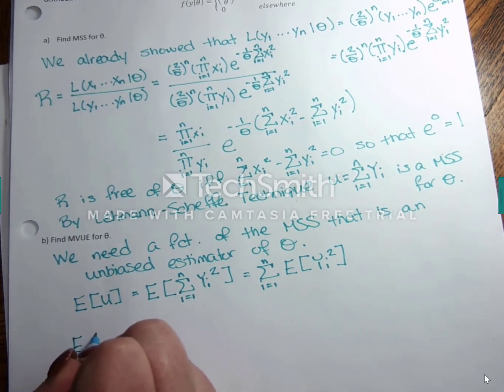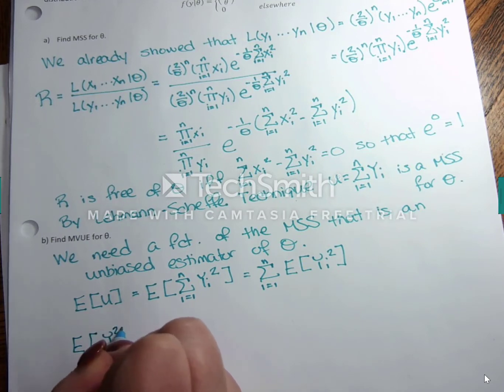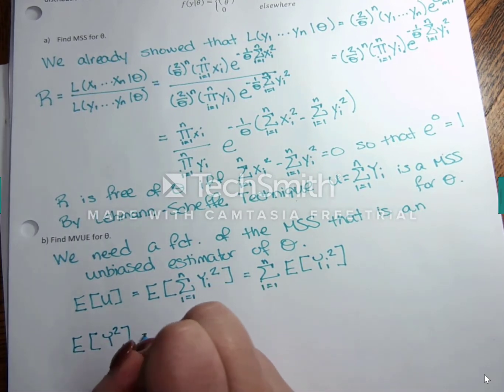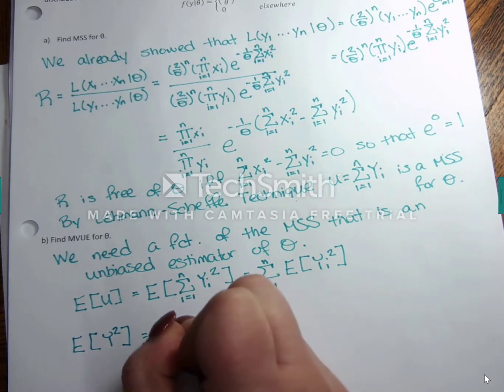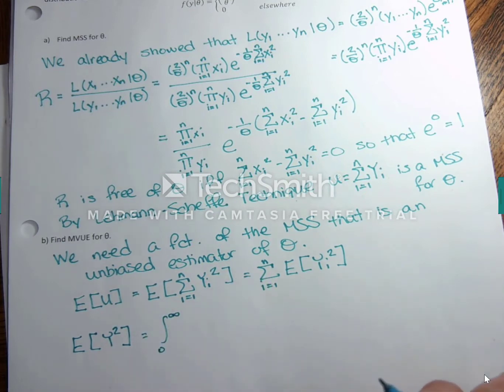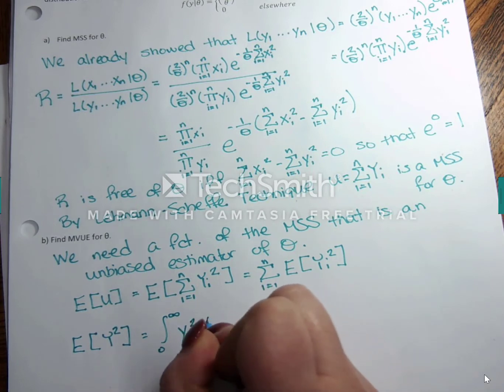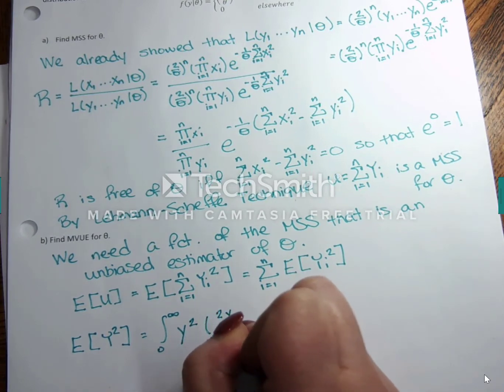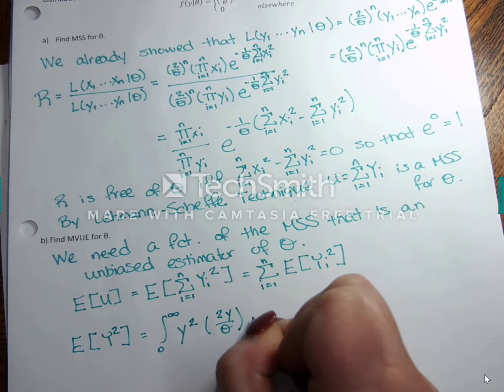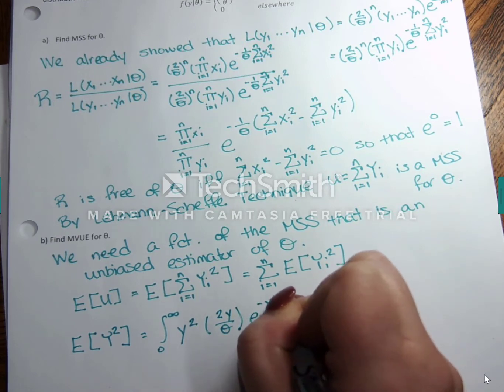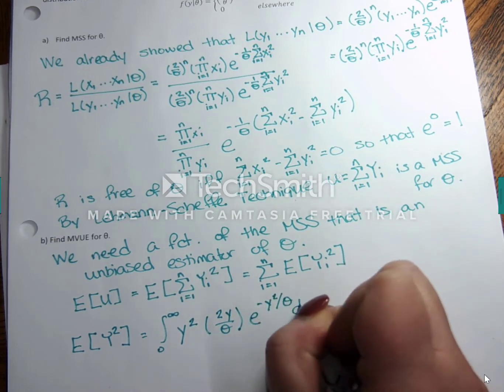So the expected value of y squared, we're going to integrate from 0 to infinity y squared times 2y over theta e to the negative y squared over theta dy.